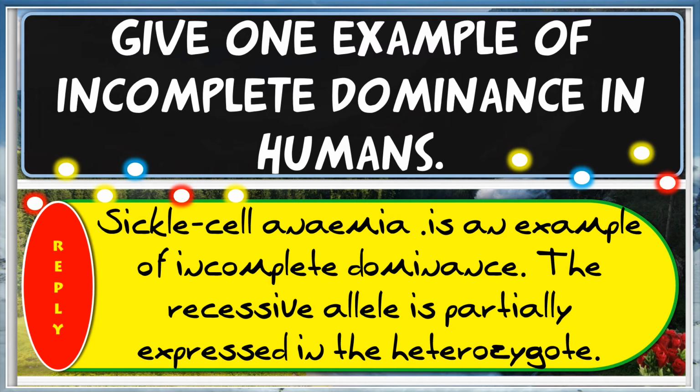Sickle cell anemia is an example of incomplete dominancy. The recessive allele is partially expressed in the heterozygous.